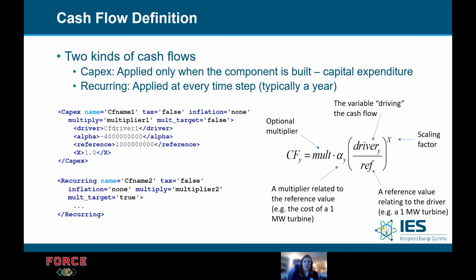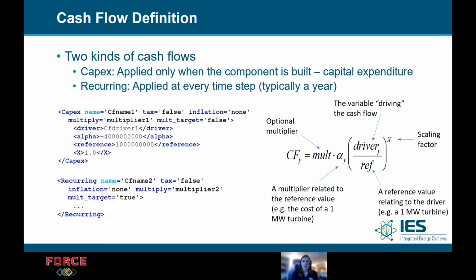But the formula for the cash flow has a multiplier, an alpha, a driver, a reference, and then X, a scaling factor. And I'm going to go into more about what these are, but essentially your driver is a variable that's driving your cash flows, like the size of a power plant.